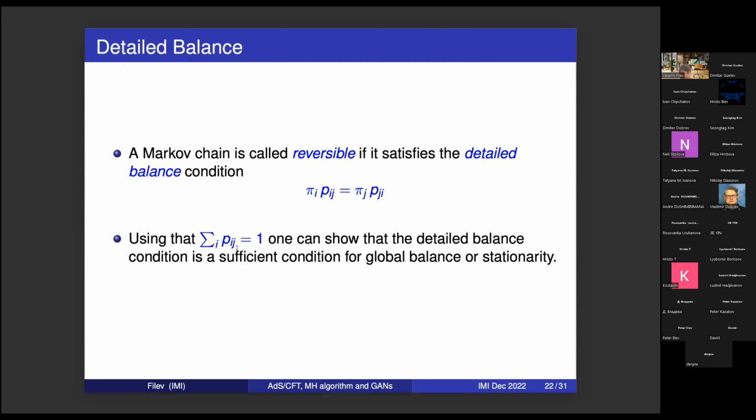You just sum over I here on one side. And on the other side, you're going to get, I think, J or something like that.